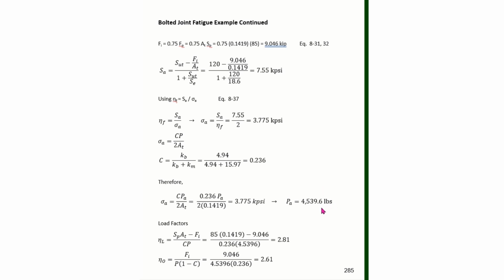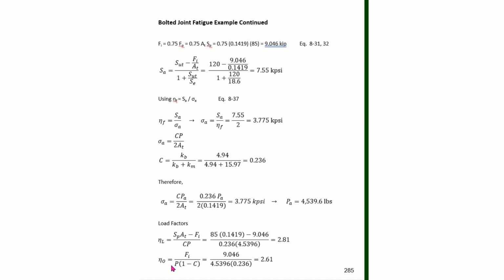This is the alternating load that could be applied to the bolted system and not have a failure. And now I can compute my load factors and my joint separation factor.